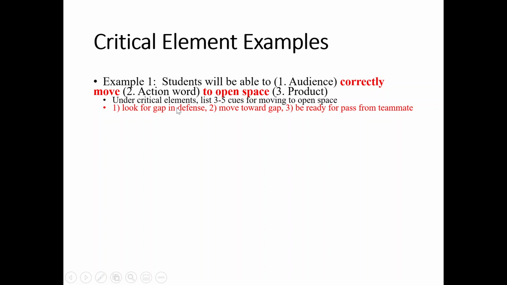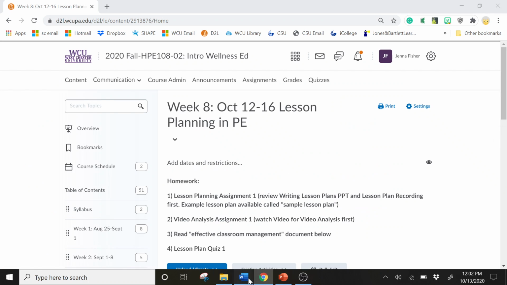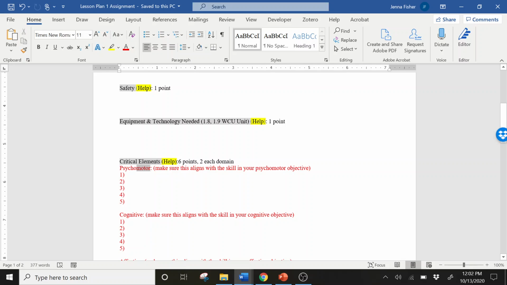You need to look for the gaps in the defense, move toward that gap, and be ready for a pass from a teammate. So these would be the critical elements I would list on my lesson plan. I'm going to show you right here. So if my psychomotor objective was moving to open space, I would list those critical elements here. And again, you need 3 to 5.